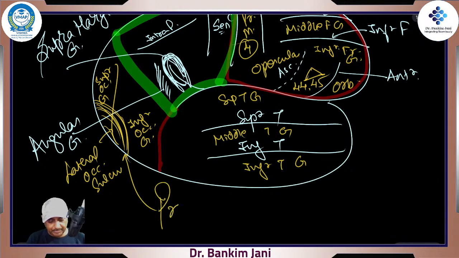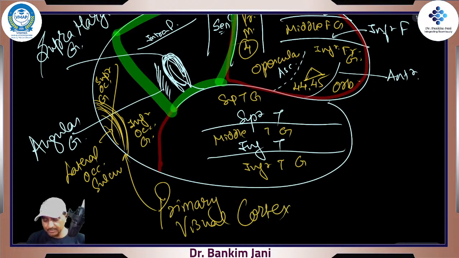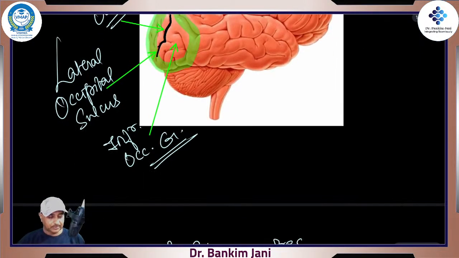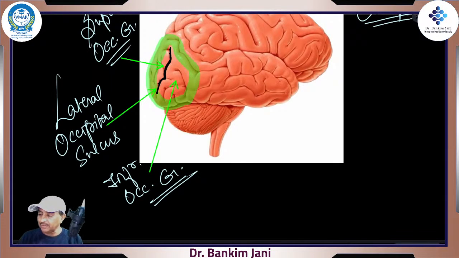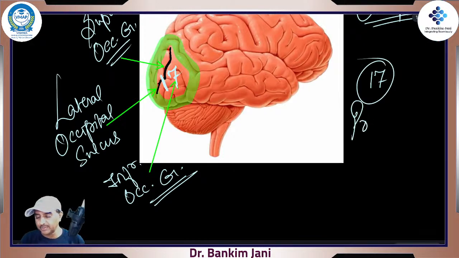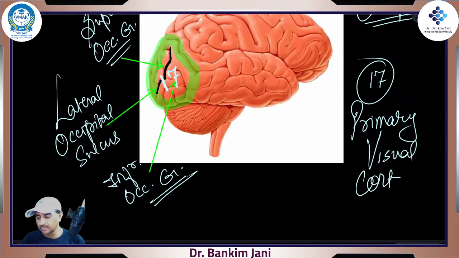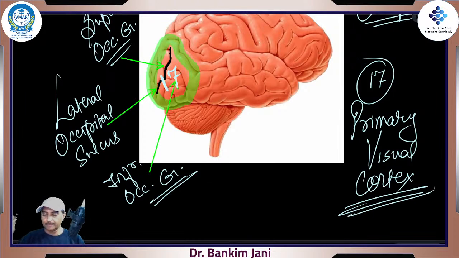It is the primary visual cortex, over here. And we'll write the number 17 over here. Number 17, it is the primary visual cortex, right.